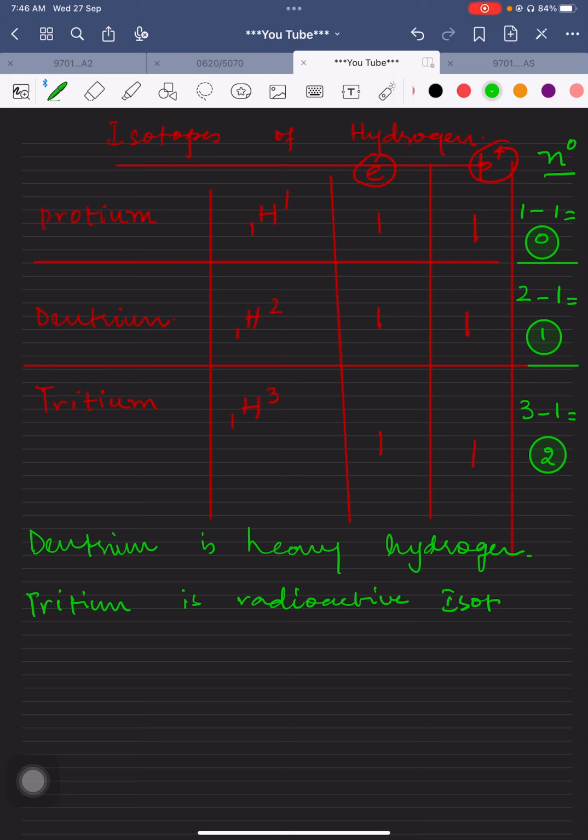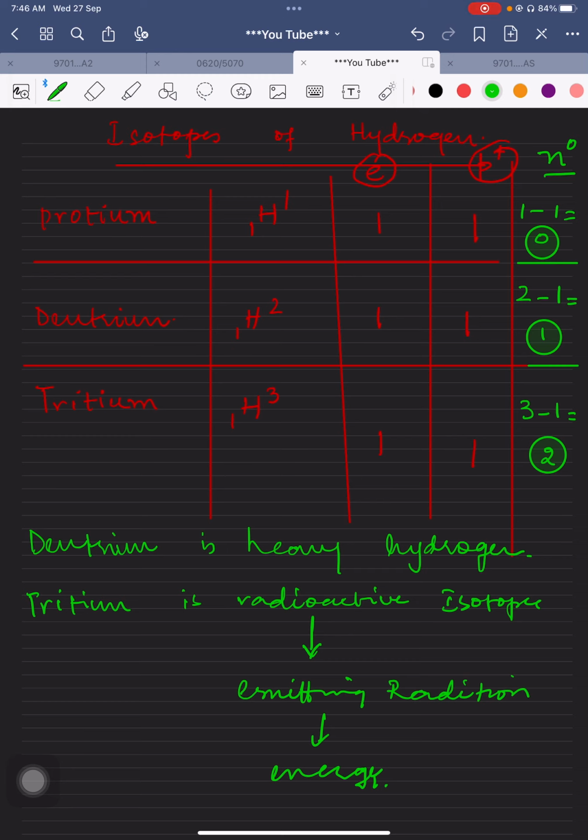And what is a radioactive isotope? One emitting radiations. In which form are they emitting radiations? In the form of energy. So you must have this basic knowledge in your mind that radioactive isotopes are one of the ways to treat cancer and other diseases, etc.